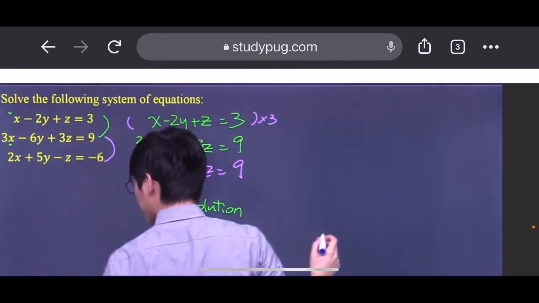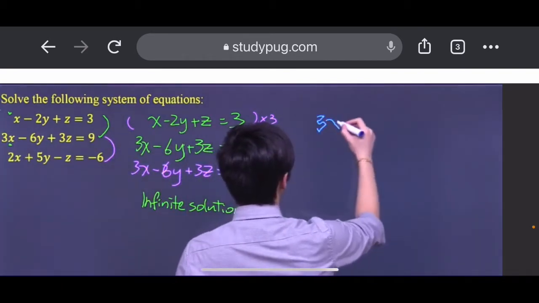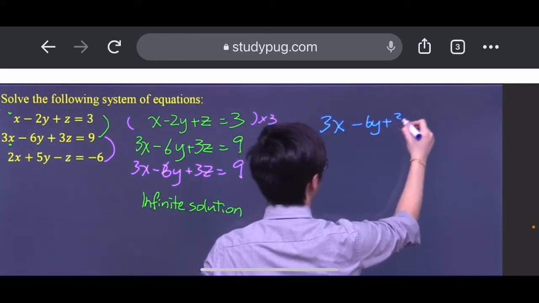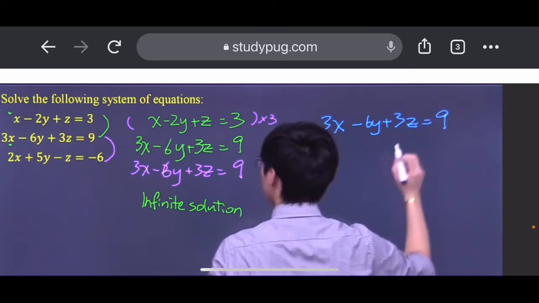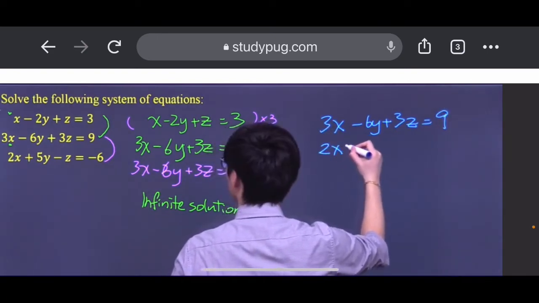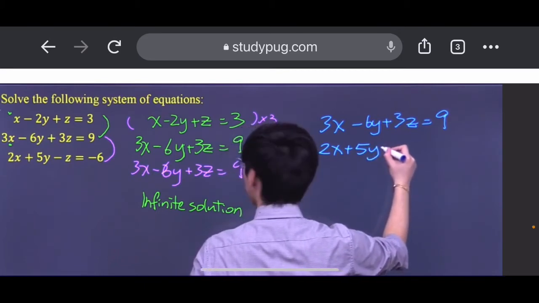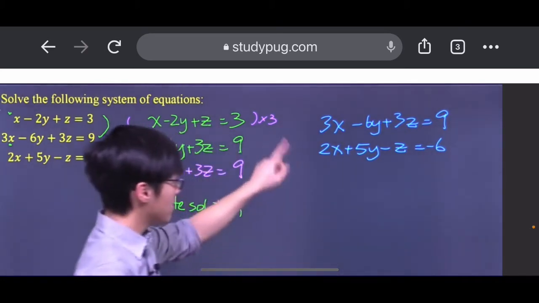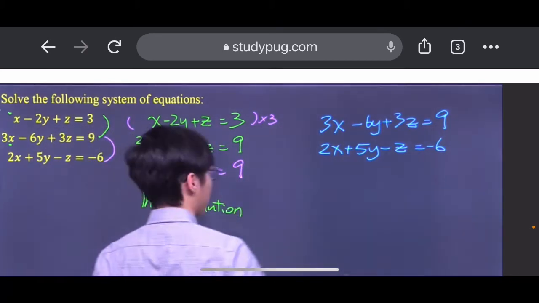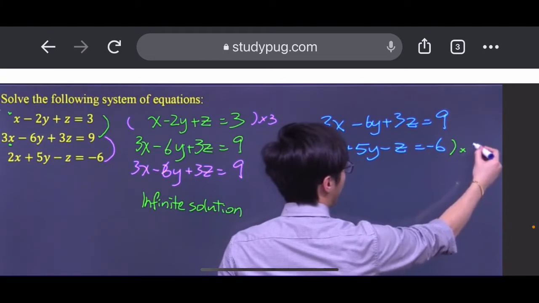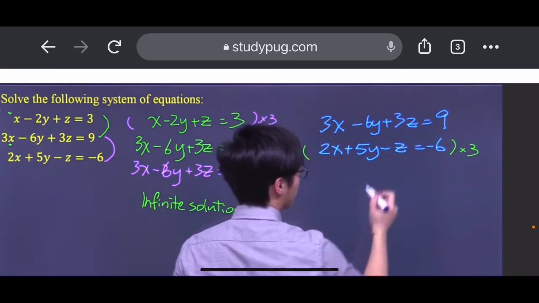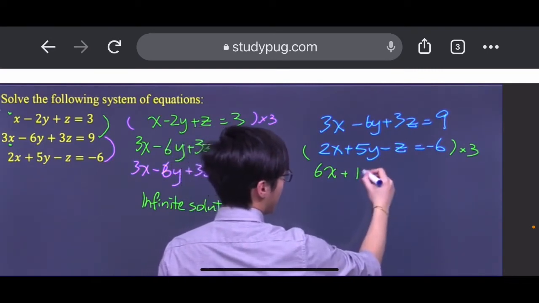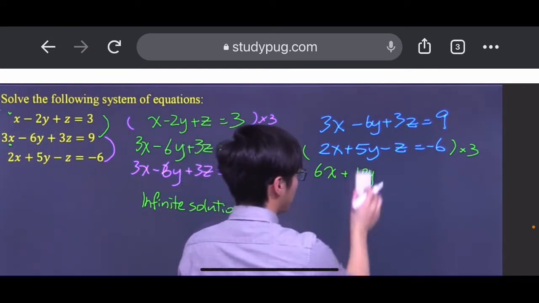Let's write it over here. So we have 3x minus 6y plus 3z equals 9. And we have 2x plus 5y minus z equals negative 6, right? So solving this, we will have to multiply our second equation by 3, so that z will turn into 3z, right? So 3 times 2x, 6x. 3 times 5y is 15y.